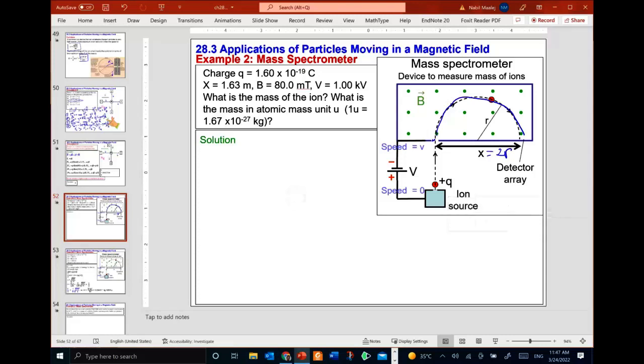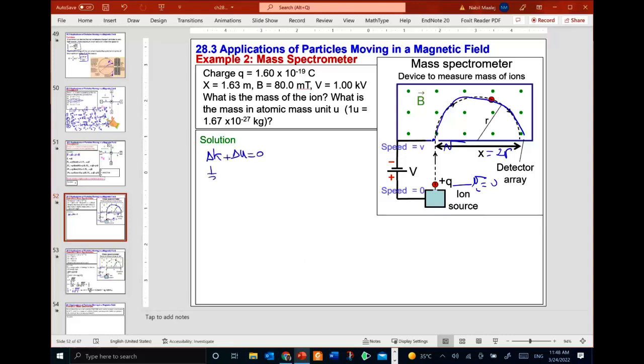First of all, we need to determine the mass of the ion. Let me determine the velocity of the ion first. We have a potential difference. Let's assume it starts with an initial velocity 0 and reaches a certain velocity v. I'm going to use conservation of energy, delta K plus delta U is equal to 0.